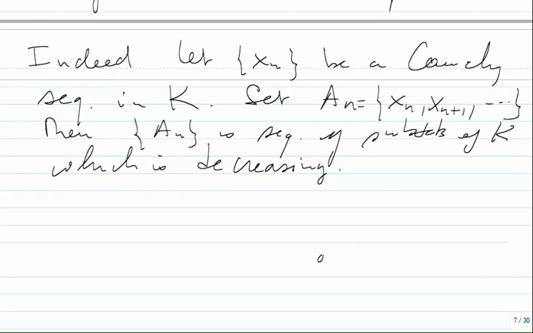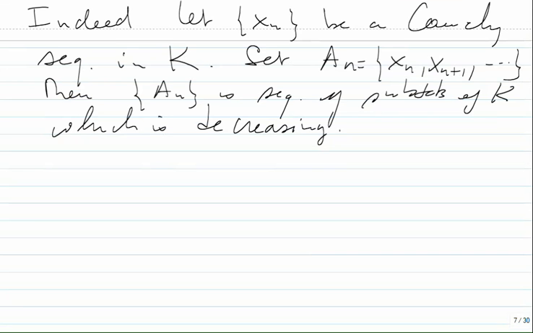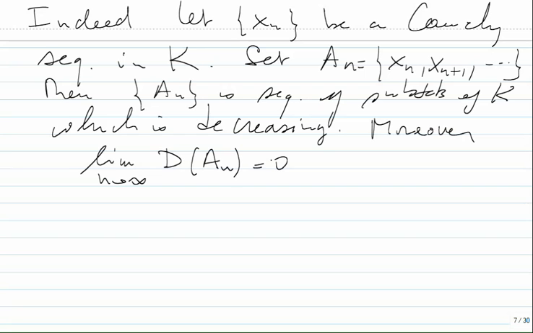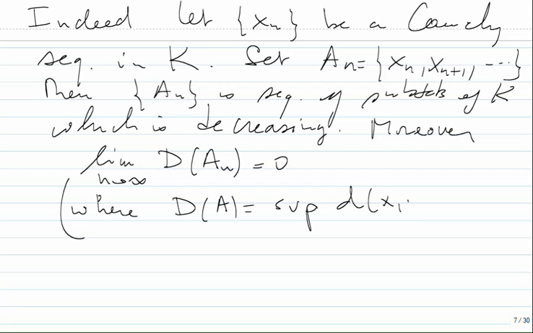Moreover, since x_n is Cauchy, we have that the limit of the diameters of A_n when n goes to infinity is equal to 0, where the diameter of any set, as we have defined in a previous web note, is the sup of the distance d(x,y) when x, y belong to A.